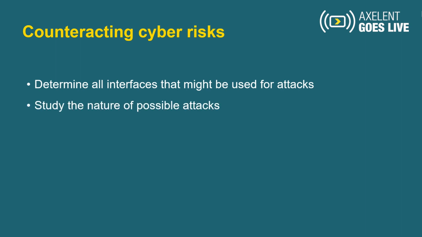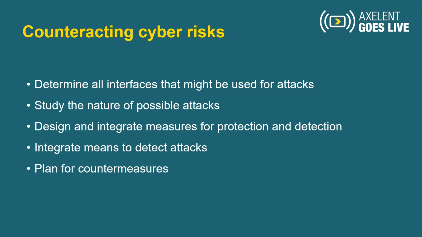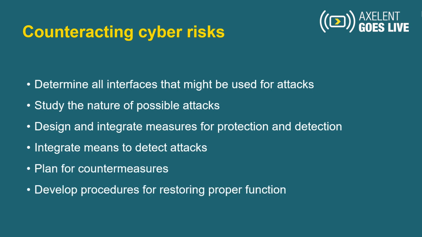They will have to study the nature of possible attacks, design measures for protection. These could be standard measures like password protection and different user right levels, but also IT security components and software. Then they would have to integrate means to detect attacks, plan for countermeasures, and develop procedures for restoring proper function.